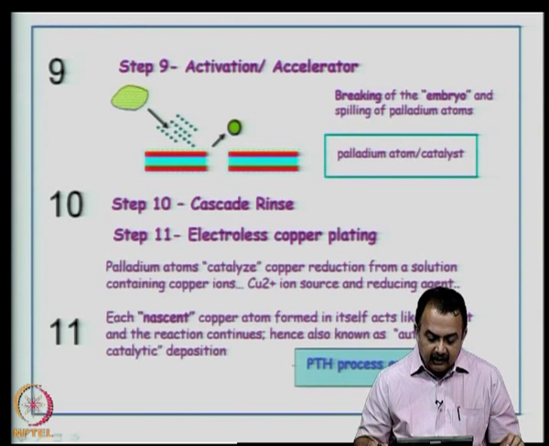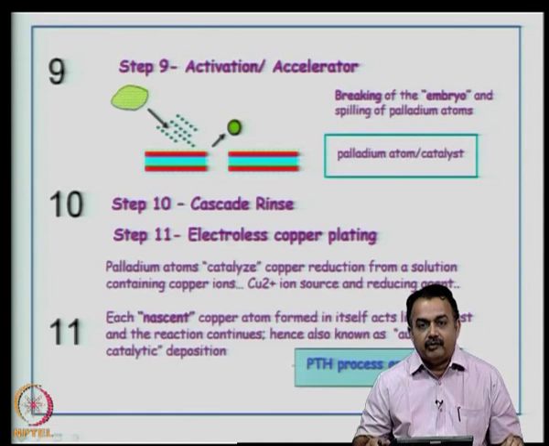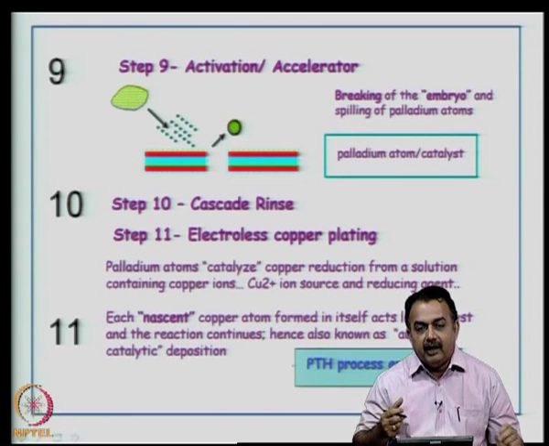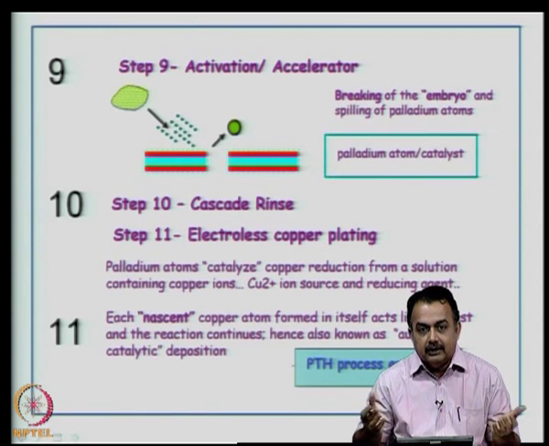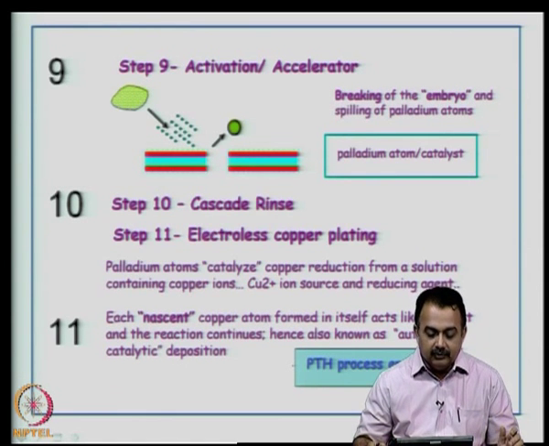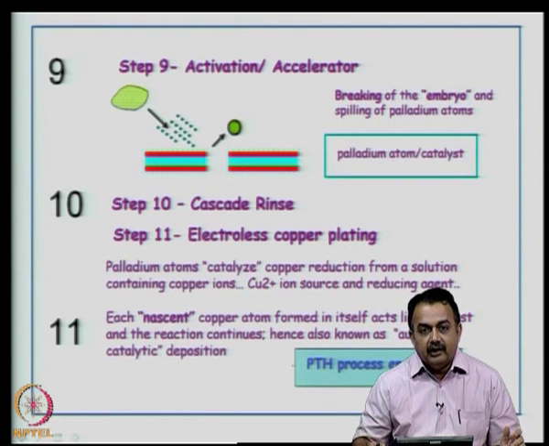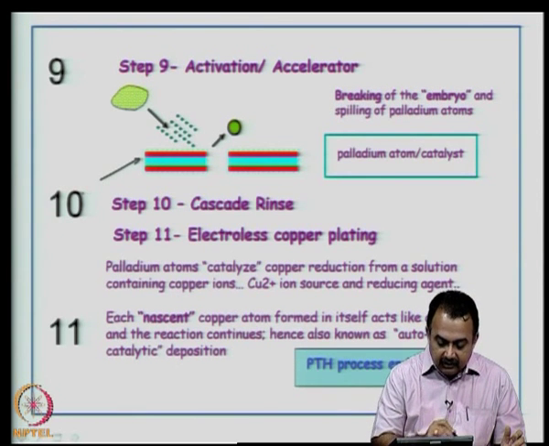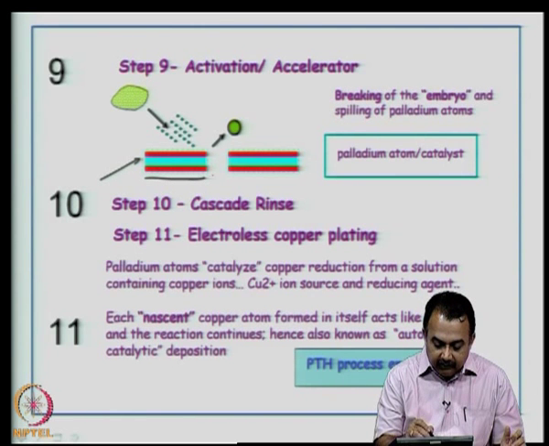The next step is activation. These embryos now have to be broken, so that the palladium atoms can be spread over the entire area. In the earlier process you can see they were embedded as embryos. Now, you have to split them individually using an activator material and then they are spread in a monoatomic layer fashion over the entire copper area as well as the hole walls.